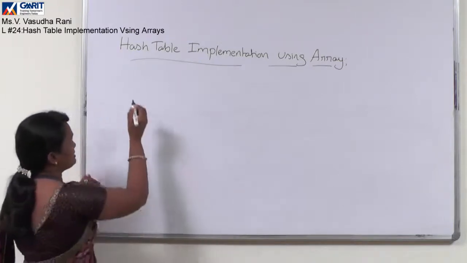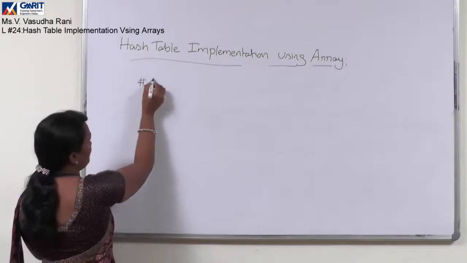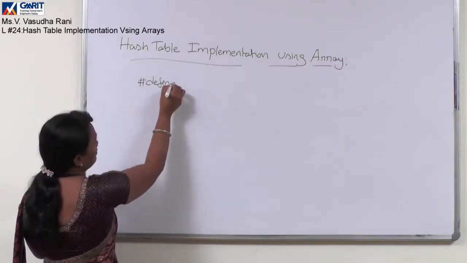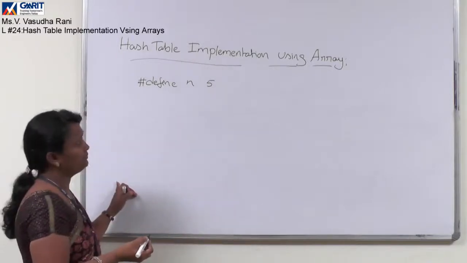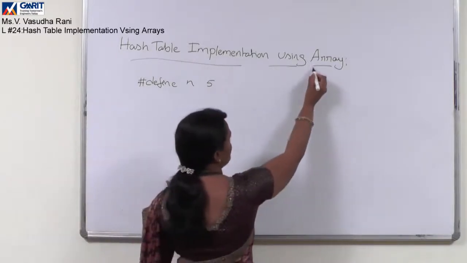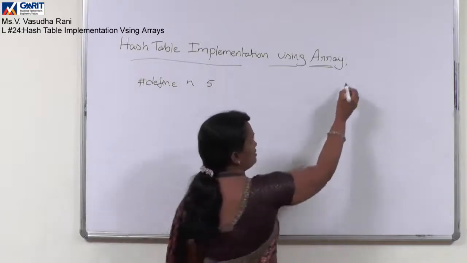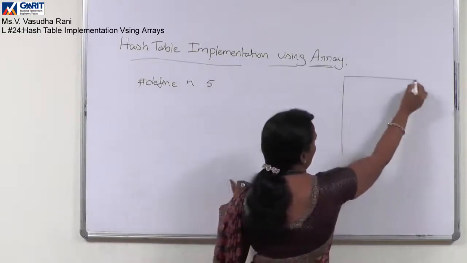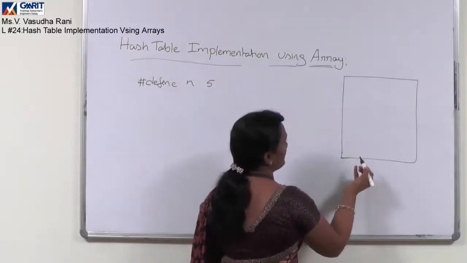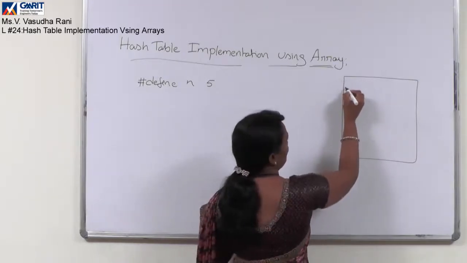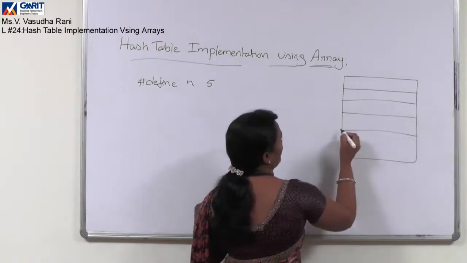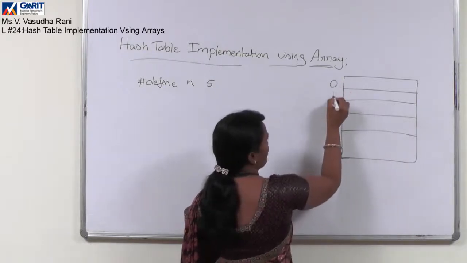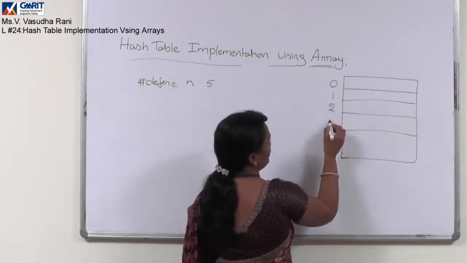Okay, so let's globally define the table size as 5, and it is an array structure. If you see at your hash table, it is already defined as an array with the maximum table size of 5.